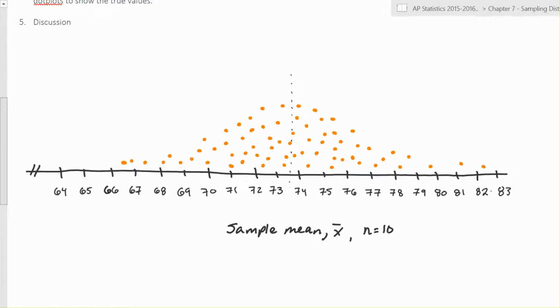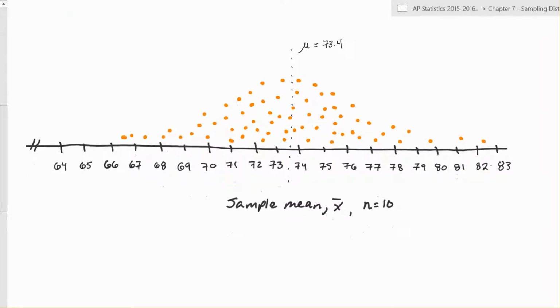And that should have been something like 73.4. So that's what we call mu, the true mean, 73.4. And looking at this all together, we should notice that the sample measurements are centered around this value. So most of the time, the sample mean is fairly close to 73.4, and then we see some extremes.